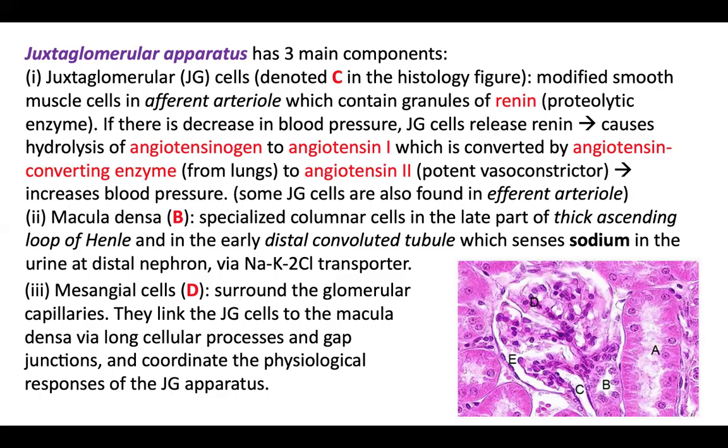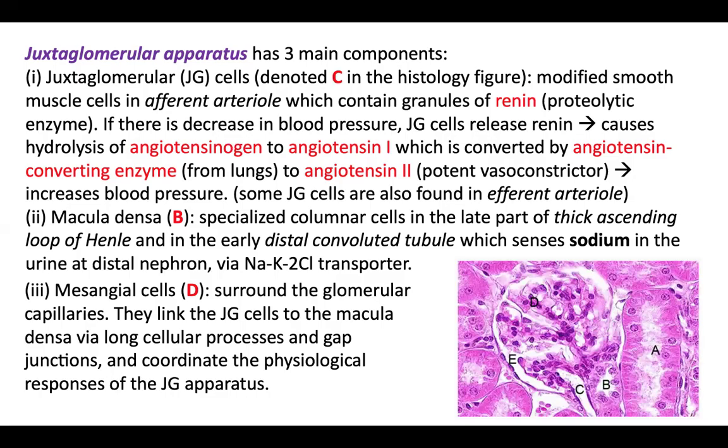Paracrine means releasing hormones that are acting at the site where the hormone is produced. And you may have heard of the term endocrine. Endocrine is when hormones are released and they act systemically at other sites in the body. But we'll be discussing paracrine factors in this setting of the macula densa.